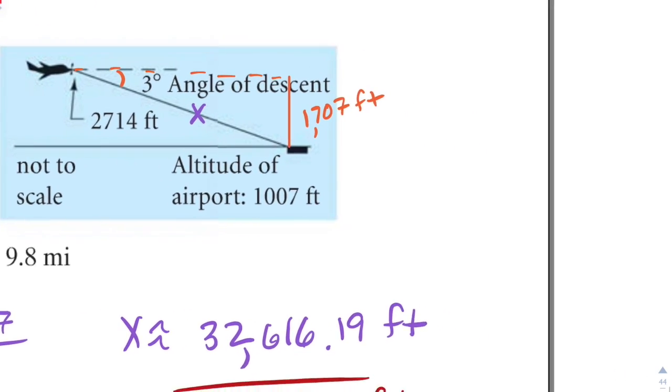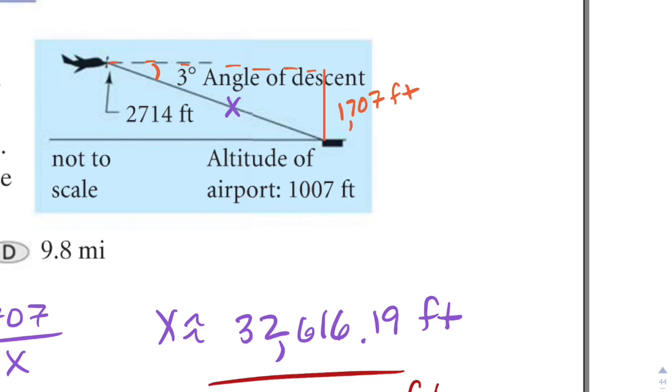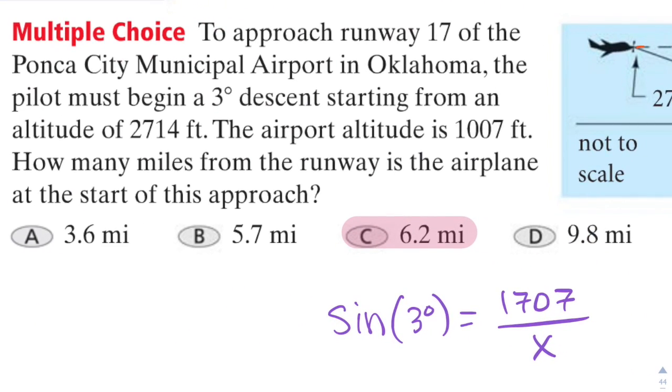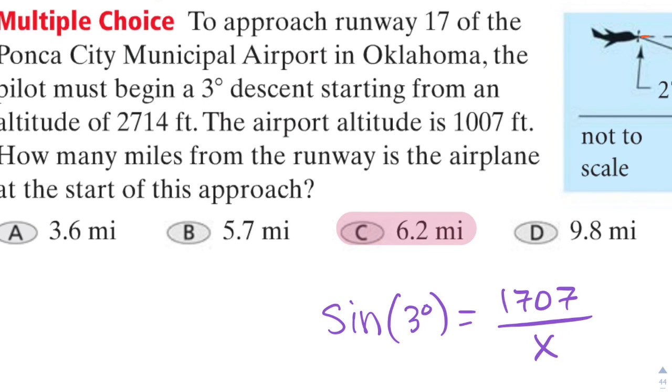And what I did is I created a right triangle that appears to look like this. A 3-degree angle of descent or depression, and we also have 1,707 feet. We were looking for the distance. How many miles from the runway is the airplane?